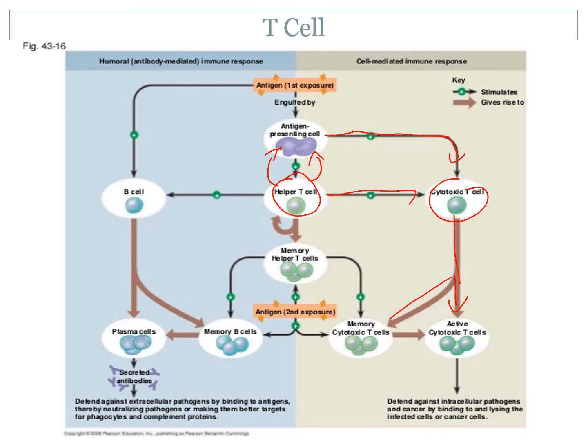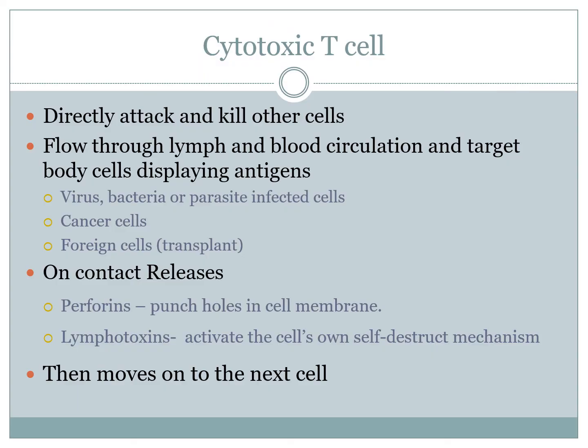Now, the main killing aspect is obviously the killer T cells. Unlike the B cells that produce antibodies, antibodies can only react to antigens that are found on the surface, either free-floating antigens by themselves or antigens that are on the surface of the cellular or microorganism structure.